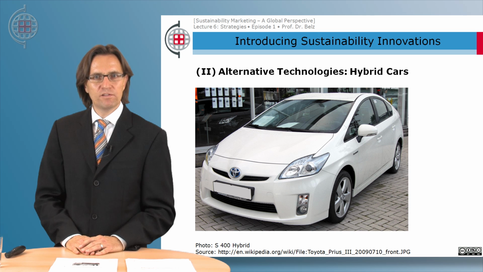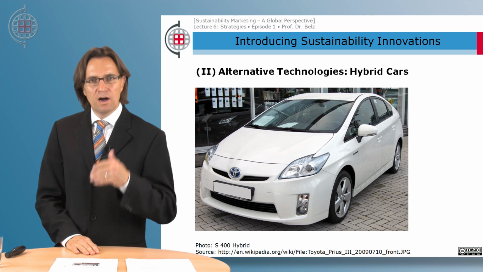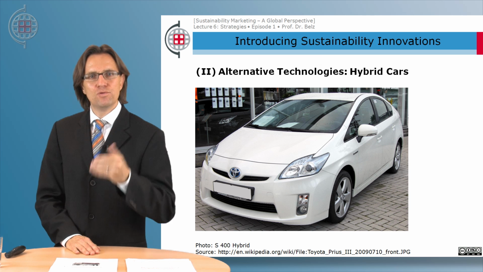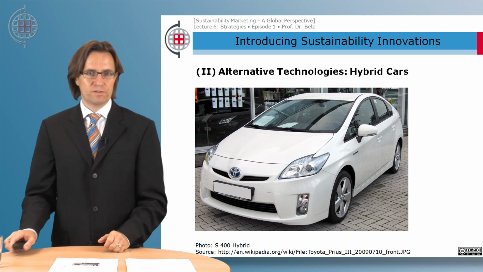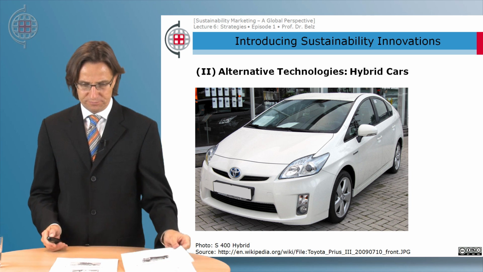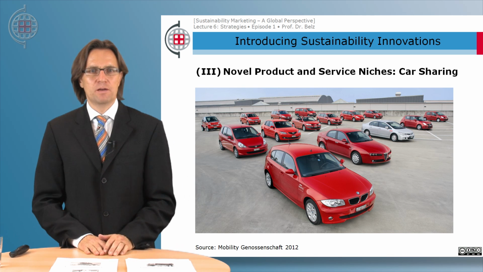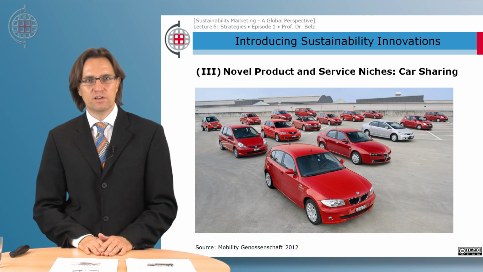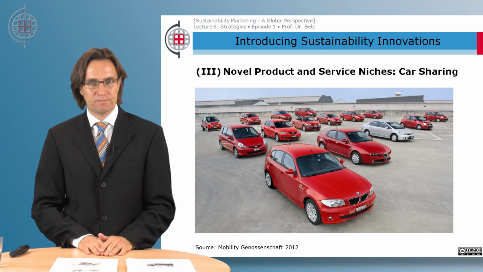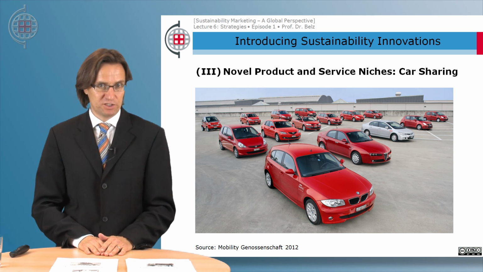Nowadays, in 2012, there are a lot of electric cars coming up, with new clean engines and technologies encompassing new knowledge and markets. Then we have the third type of sustainability innovations, novel products and service niches. Car sharing, for example.